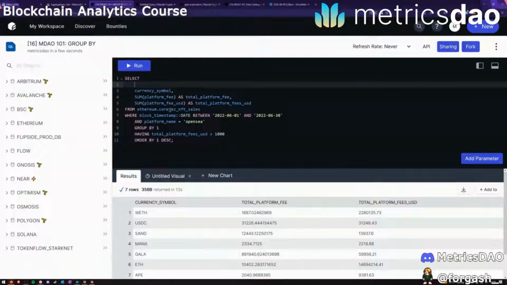But what we'd have to do, so we can't, if we were to just put in block timestamp, and let's say we would want to group by that, probably wouldn't go too well. Does anyone have any theories as to why we may not want to do that?